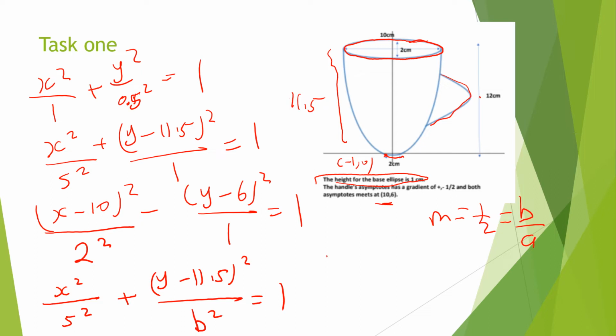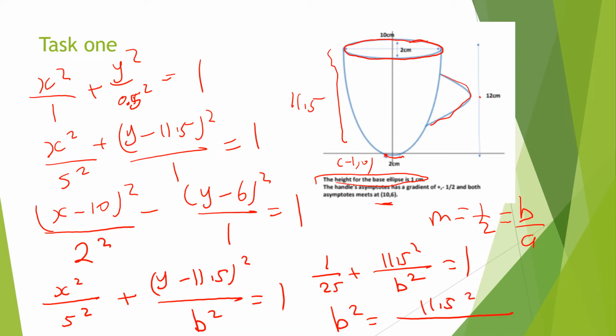So I've got negative 1 squared, which is 1 over 25, plus 0, that means 11.5 squared over b squared equals 1. So b squared equals 11.5 squared over 1 minus 1 over 25. You can simplify this, or you don't really have to. You can just substitute in here.